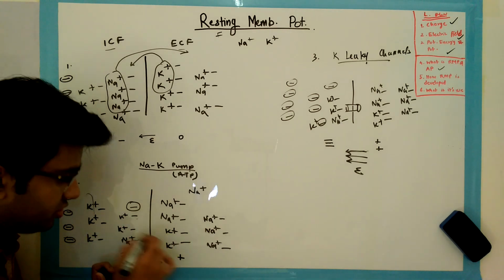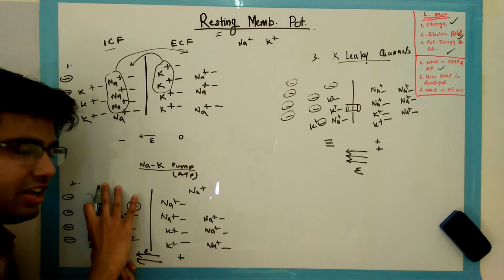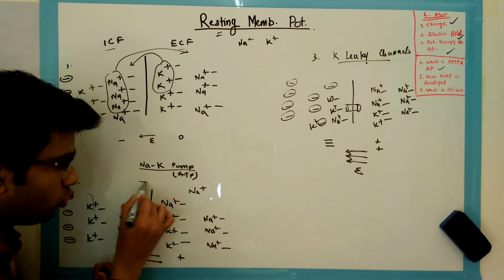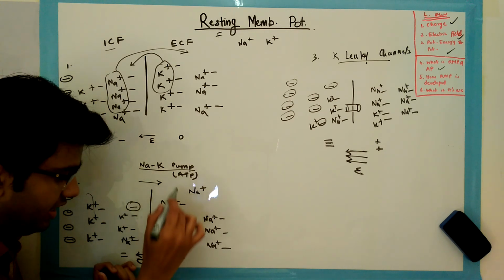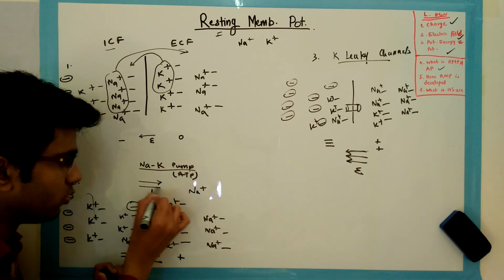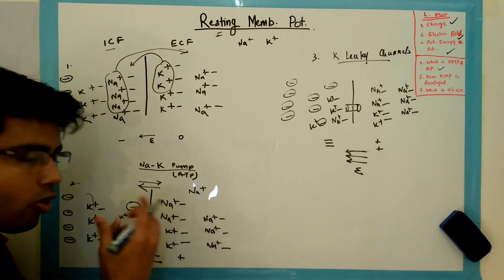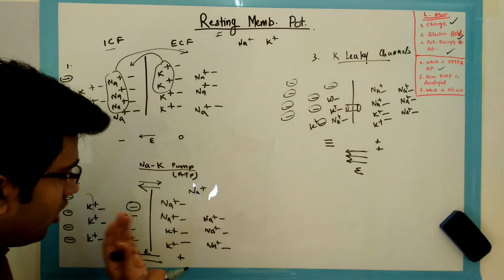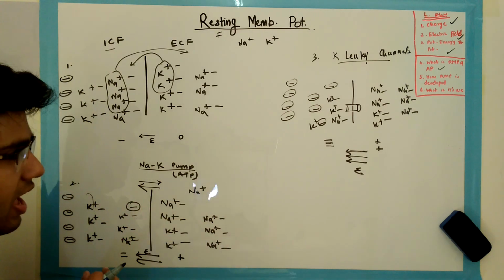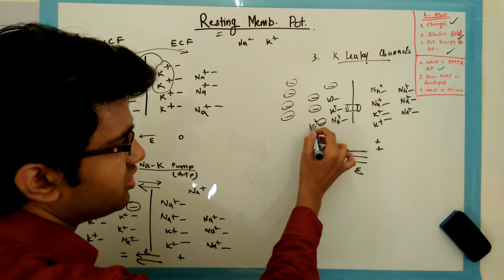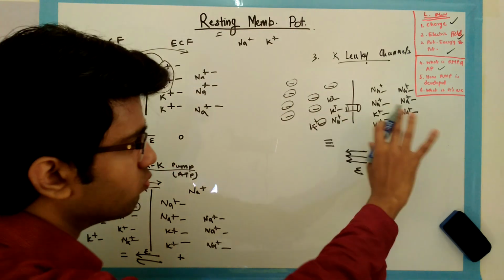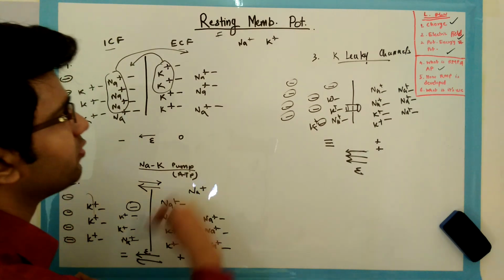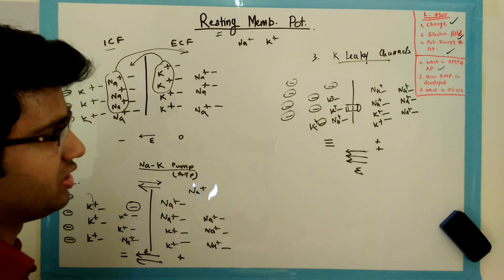But under the concentration gradient, since the concentration of potassium is high here and low here, potassium will try to move this side, but the electric field is trying to push it this side. So this tug of war causes the stoppage of the leak of potassium at some point. At that point potassium stops moving, and the potential that we get at that point, we refer to as the resting membrane potential, right?